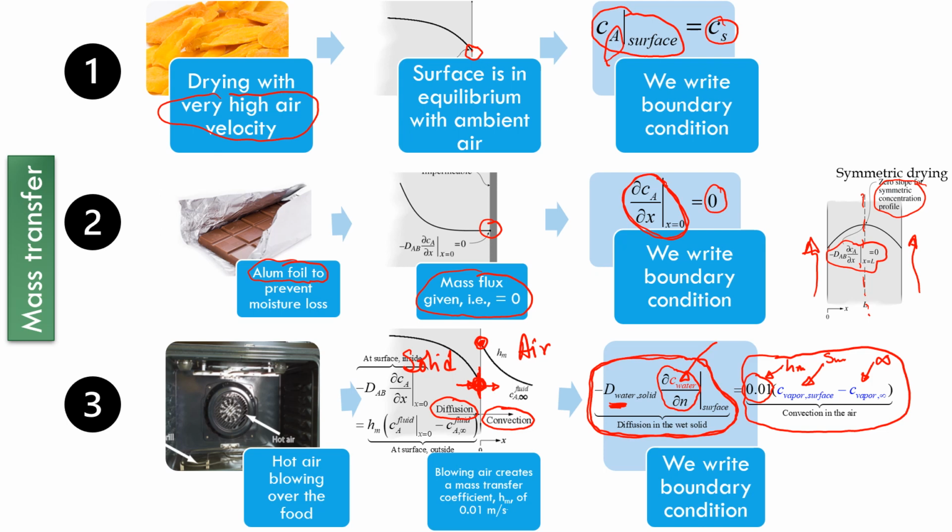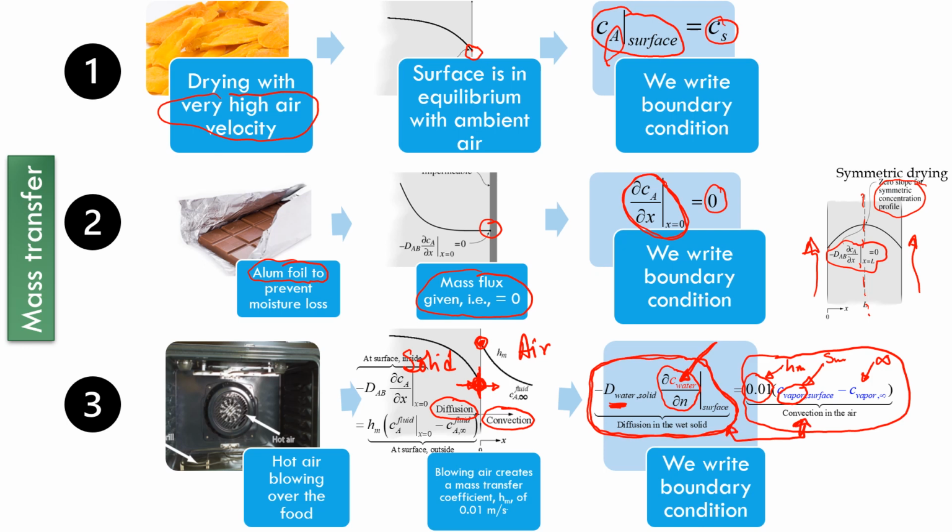So on the left hand side, the variable is, for example, concentration of water in the solid. On the other side, it is concentration of vapor in the air. So we need additional relations so that these two variables can be linked.